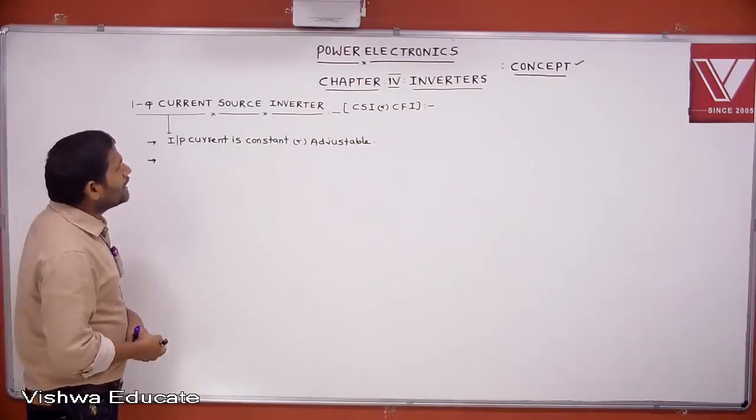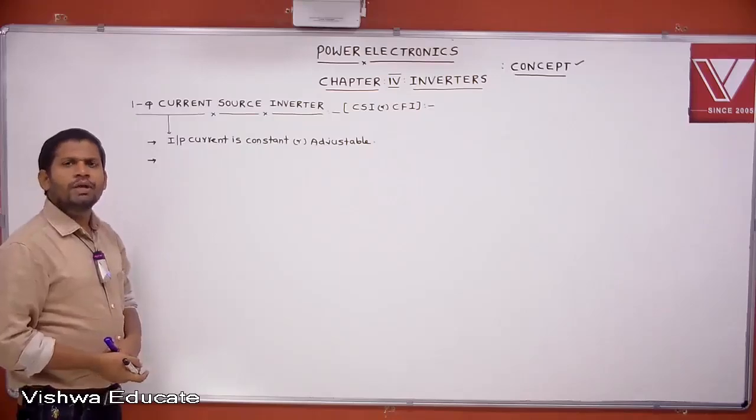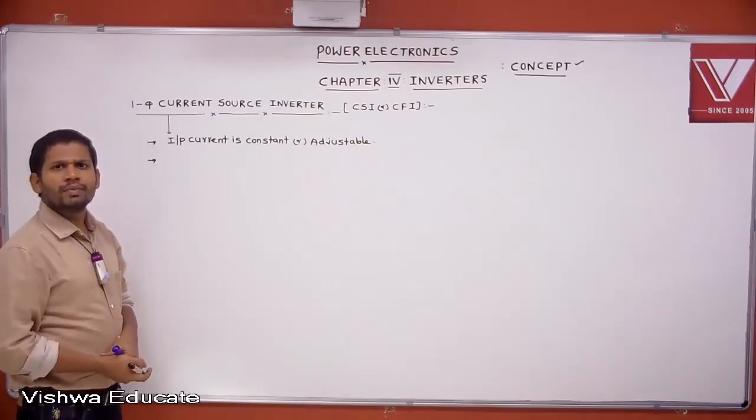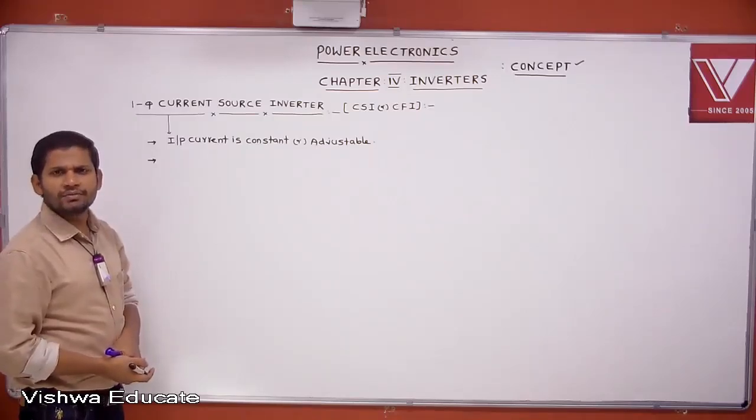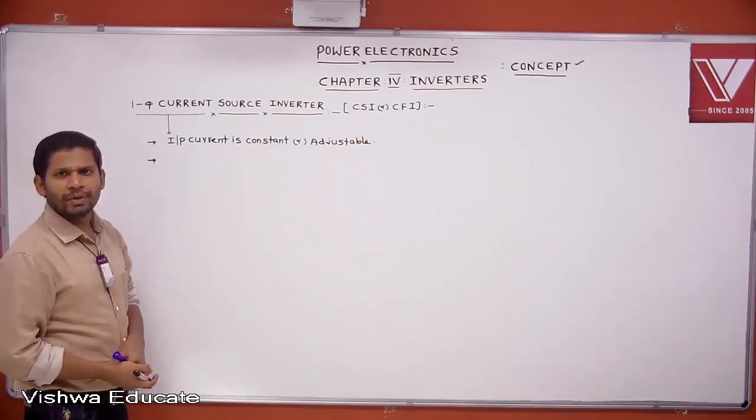whatever the output current is in a current source inverter, the output current amplitude and waveform are independent of load parameters, but output voltage depends on load parameters.